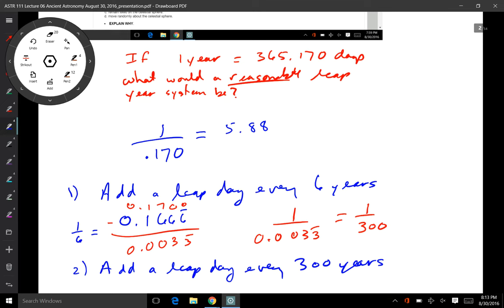And if you look at that, what is the entire system? In 300 years, 300 divided by 6 is 50, so I'm going to have 51 leap days in 300 years. If you have a different system and it comes up to that same number of leap days in 300 years, it's also a correct system.